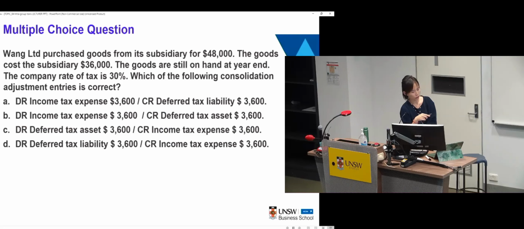Now this asks you for the tax effect entry, the tax entry. So I will try to figure out whether adjustment of the income tax is on the debit or credit. Okay.